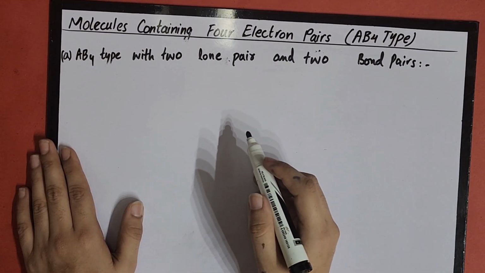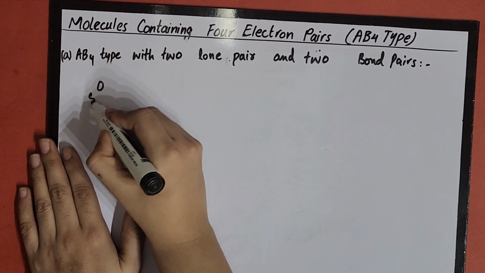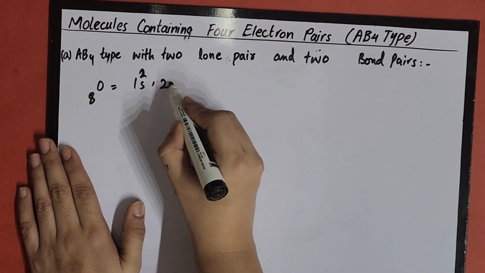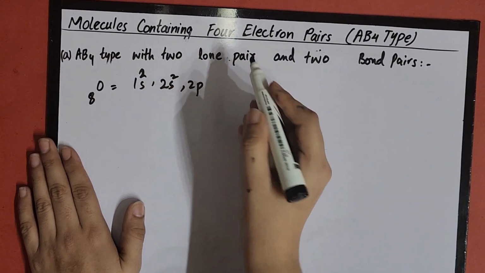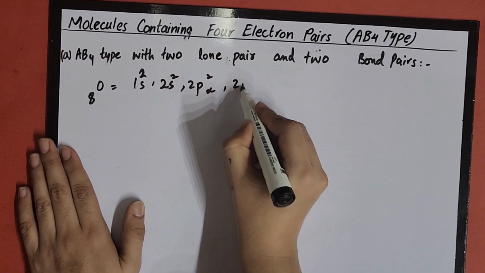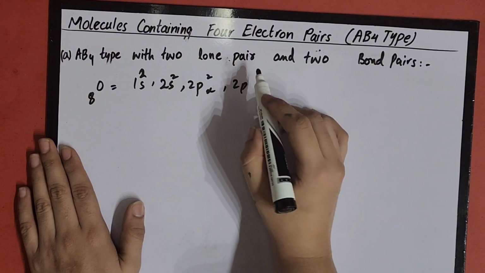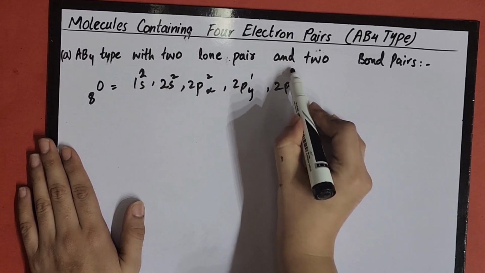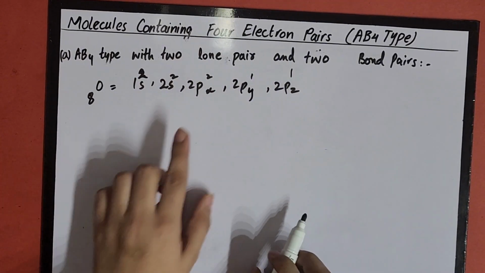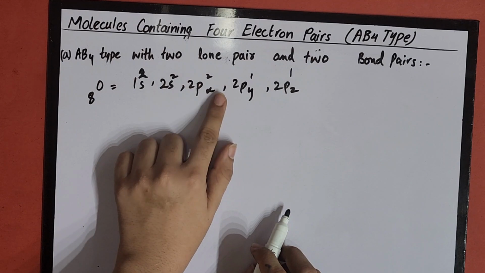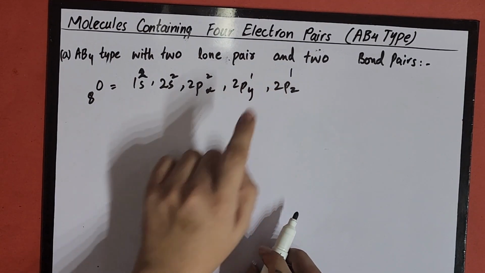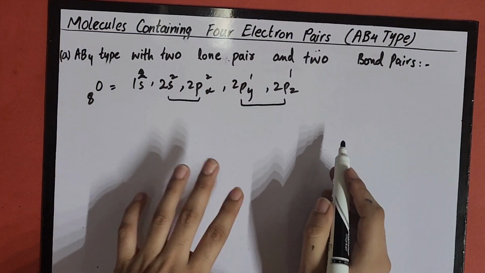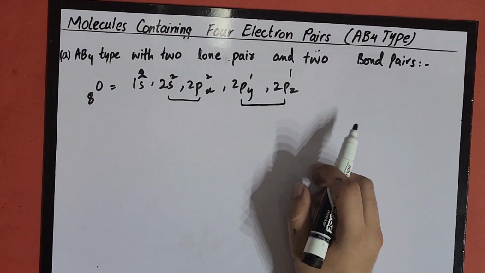If we discuss the oxygen molecule, O with atomic number 8, its electronic configuration is 1s2, 2s2, 2px2, 2py1, 2pz1. So it has two lone pairs and two bond pairs. These are lone pairs and these will become bonded with other elements and become the bond pairs.